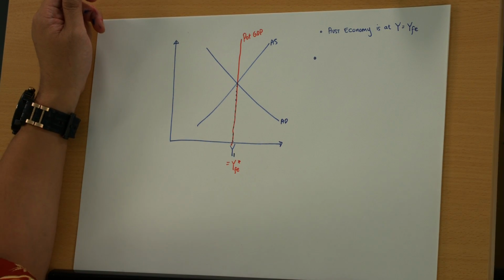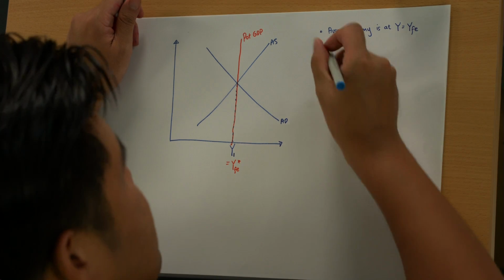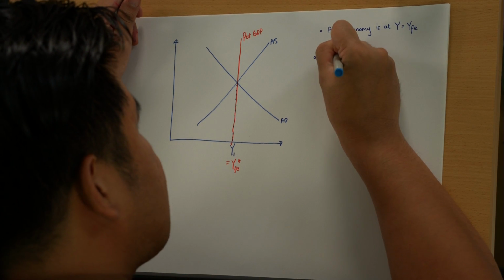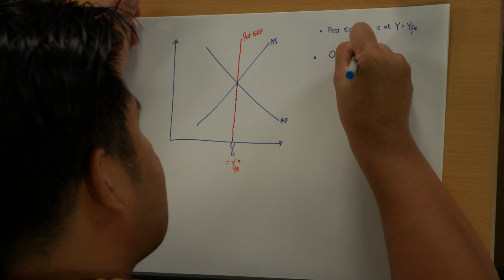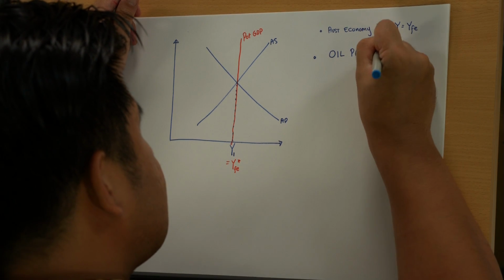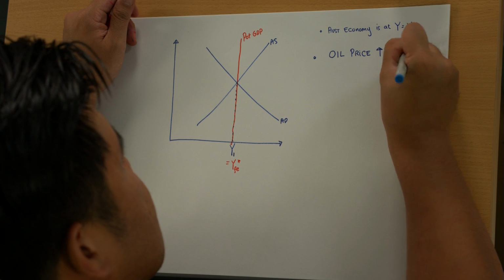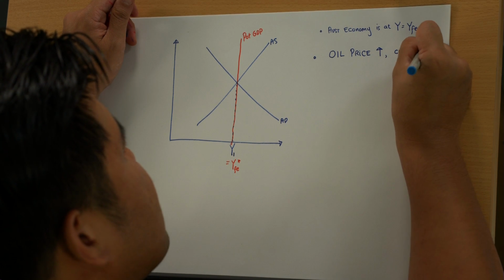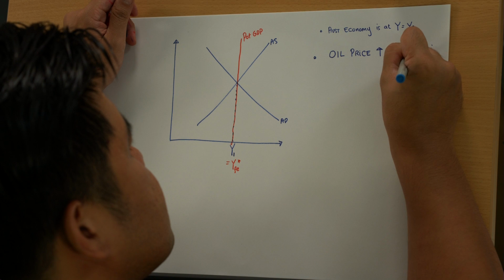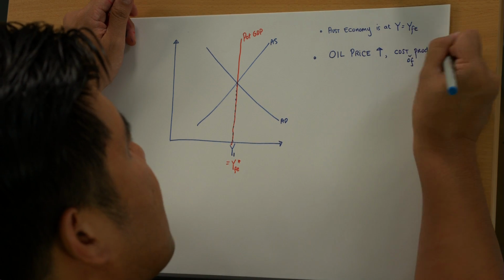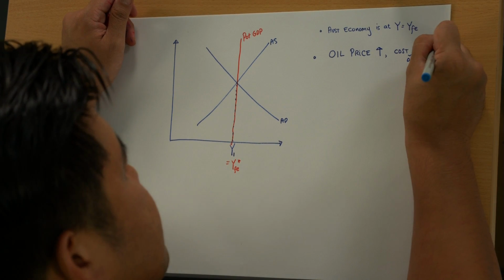So an event happening now. What was the event, guys? Oil prices go up. When oil prices go up, that means the cost of production becomes more expensive.